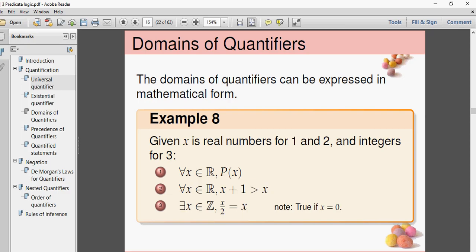Okay, let's go to the domain. The domain of quantifiers can be expressed in mathematical form. Given x is a real number for 1 and 2, and an integer for 3. So for each x belonging to R, P(x): for each x belonging to R, we have x plus 1 greater than x.